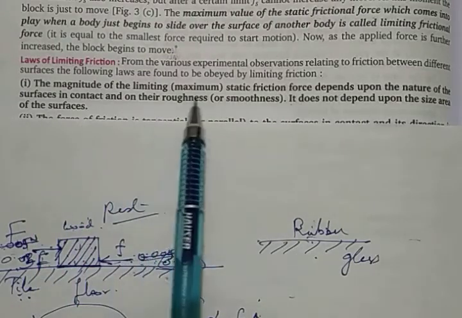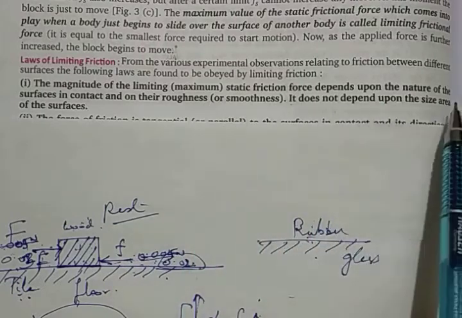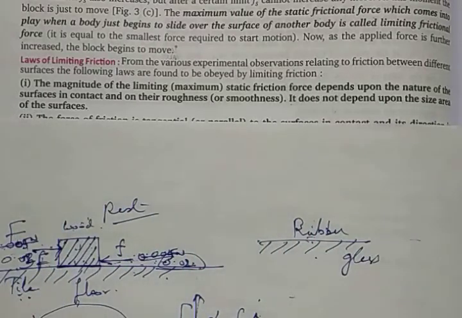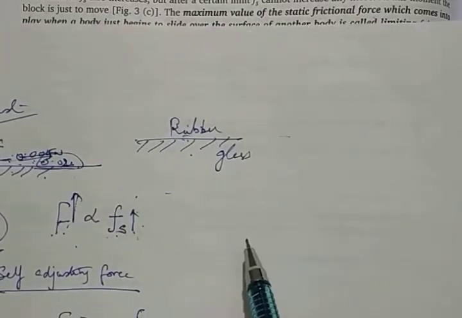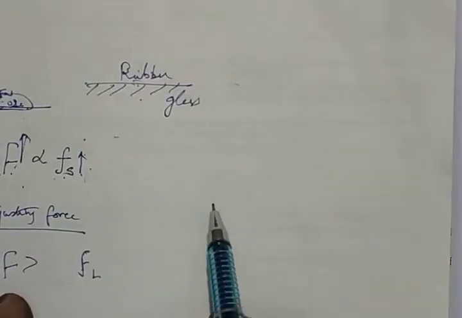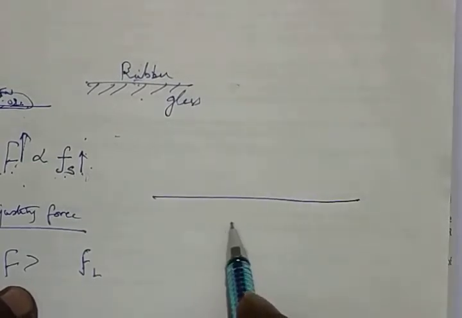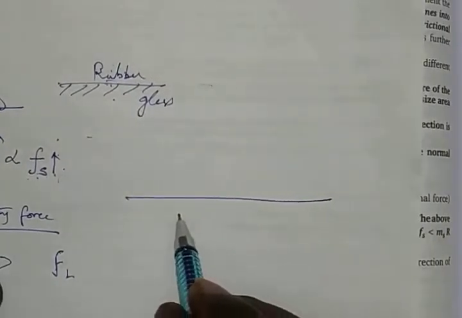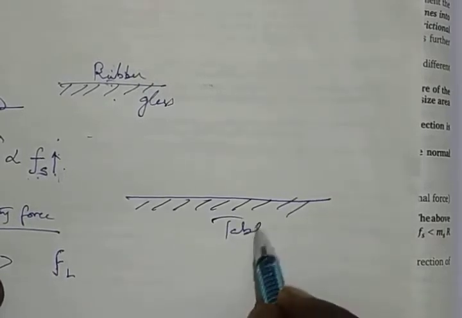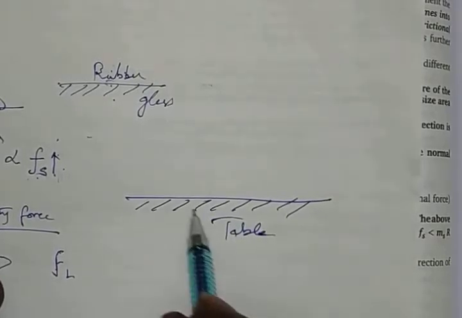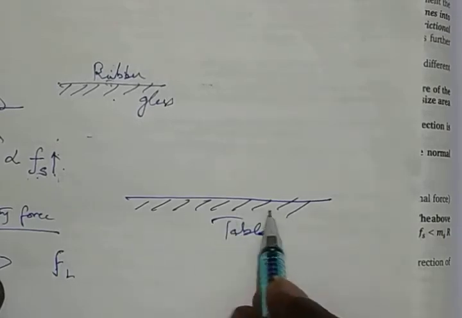and on the roughness. It does not depend upon the size of the area of the surface. So suppose I have a floor, maybe a tabletop. This is a table and it has a lamination.